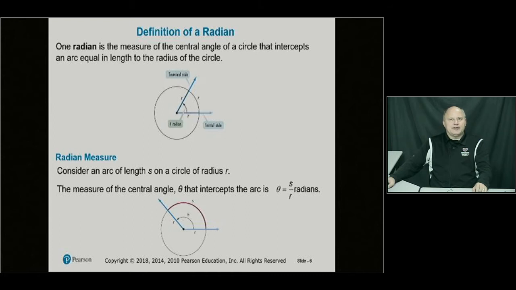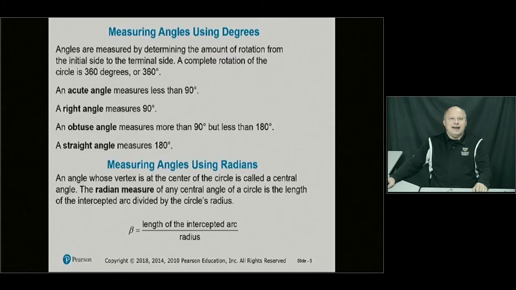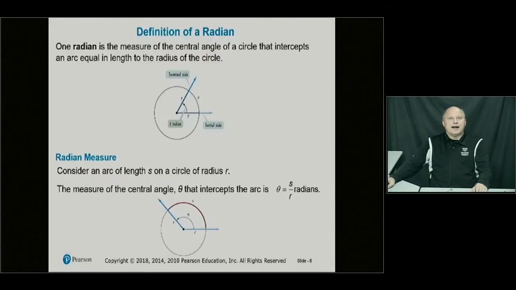So if you remember what they said on the previous slide, beta is the length of the intercepted arc divided by the radius. When does that equal 1? When they are the same. When the arc length and the radius are the same number, like r, what's r divided by r? That's 1. So if we go back to the previous slide, the arc length is r, the radius is r. When you divide those, that's 1.